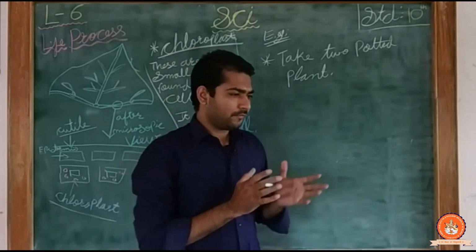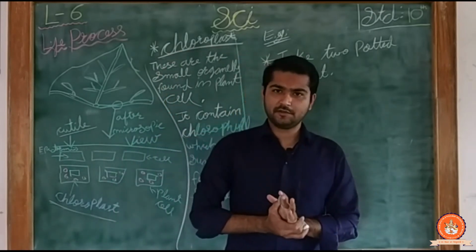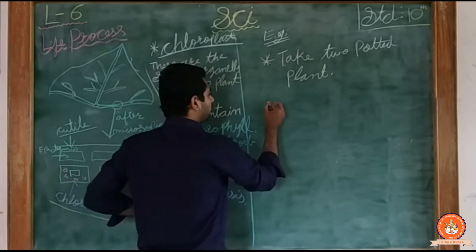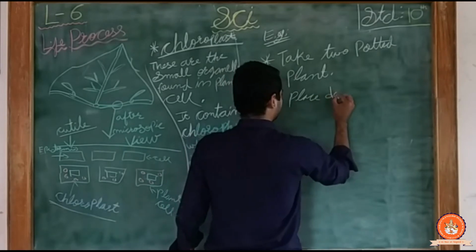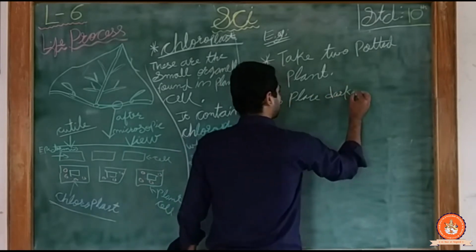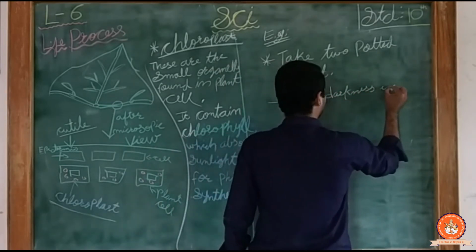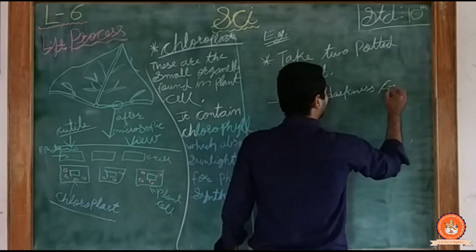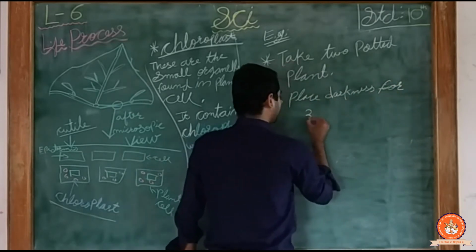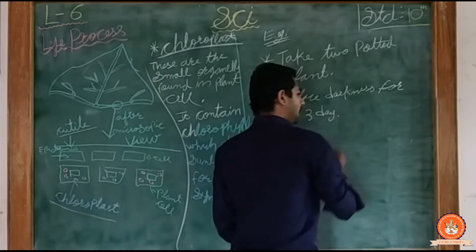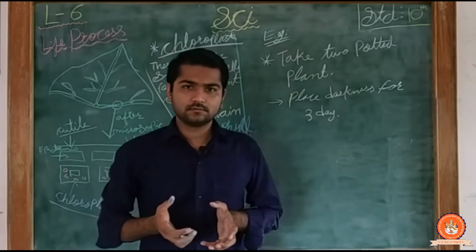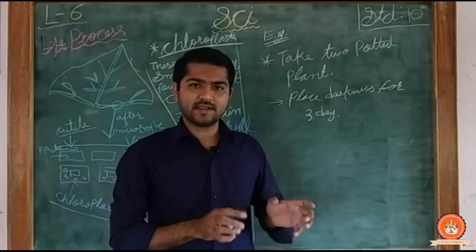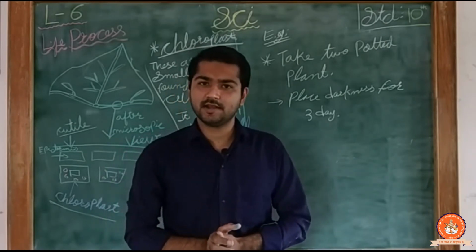Clear? For 3 days I will place them in a dark room. Now after 3 days we have to take them out of the darkness and expose them to bright sunlight.